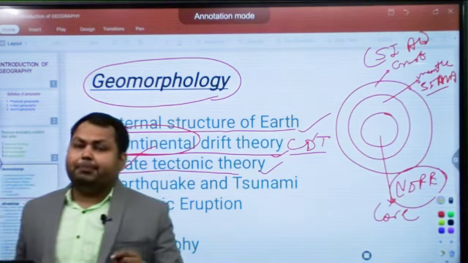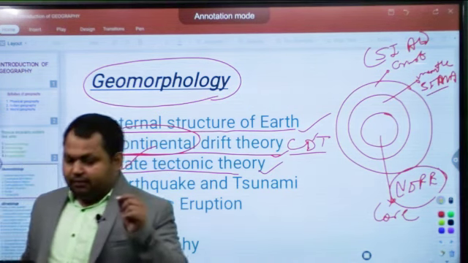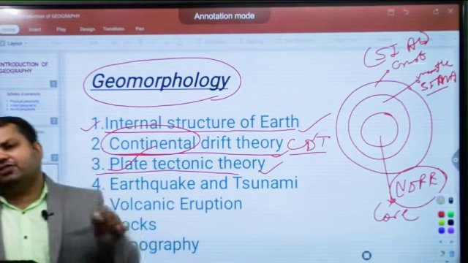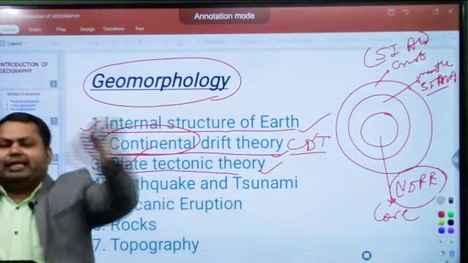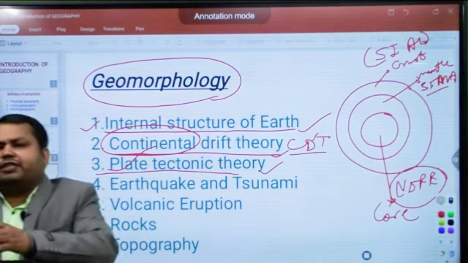And this theory is a kind of advanced version of CDT.